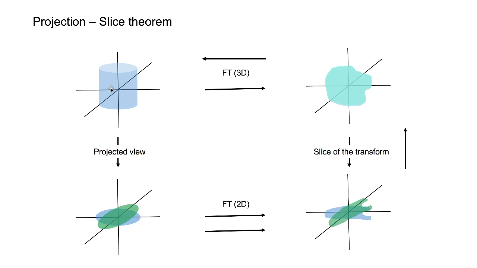Suppose you have this three-dimensional object, which is a column, and using TEM you can collect images of this from multiple angles by tilting it. These individual projected views are converted by Fourier transform and sent to reciprocal space, and then you can merge all of them in the computer into a 3D object in reciprocal space, and then inverse Fourier transform back into real space to reconstruct this.